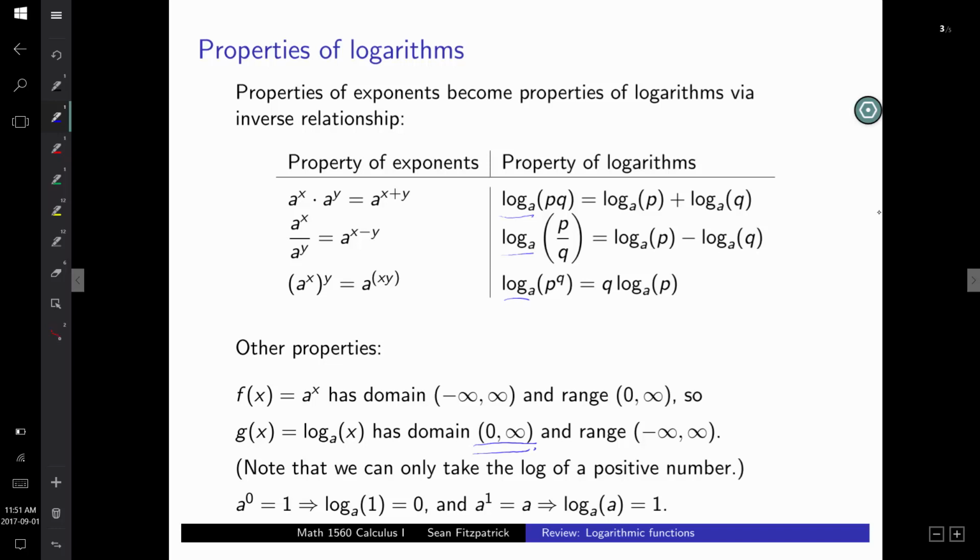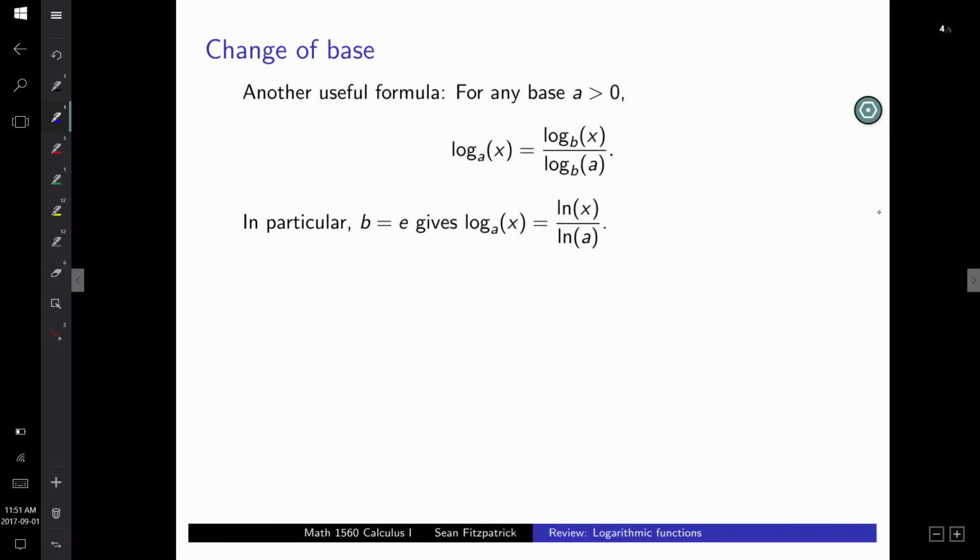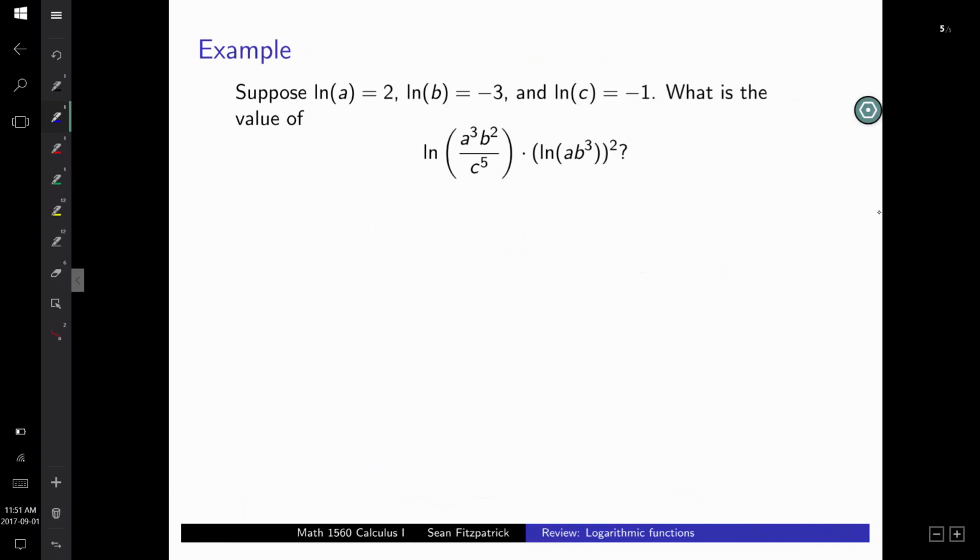If there's something going on with the logs, like the logs being multiplied together or raised to a power, if you see more than one log function in there, there's nothing you can do to simplify. The fact that I have this log multiplied by this other log, there's no rule that lets me simplify that. The fact that this log is raised to a power, I've got no rule that lets me simplify that. But what I can do is simplify this term and that term.